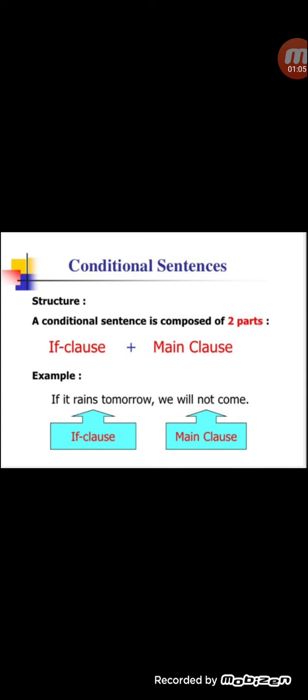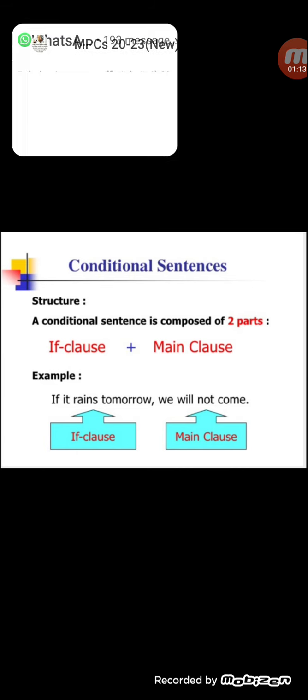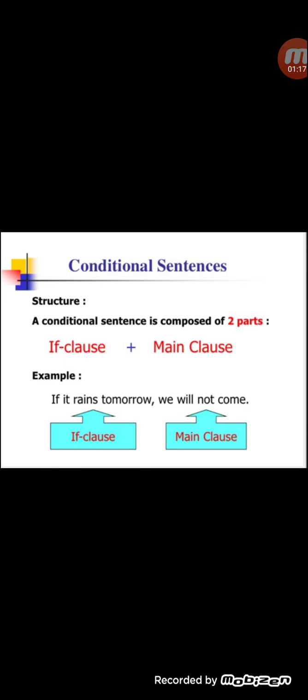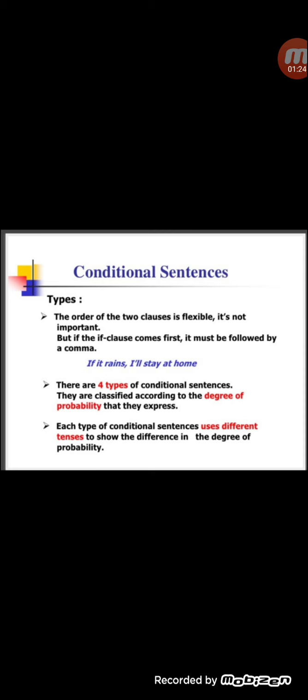Okay. For example, if it rains tomorrow, we will not come. Here the if clause is a dependent clause and the main clause is an independent clause, right? The order of the two clauses is flexible, it is not important.